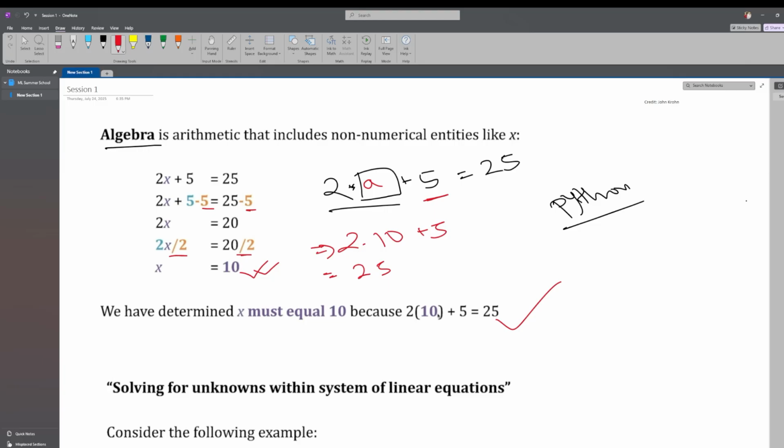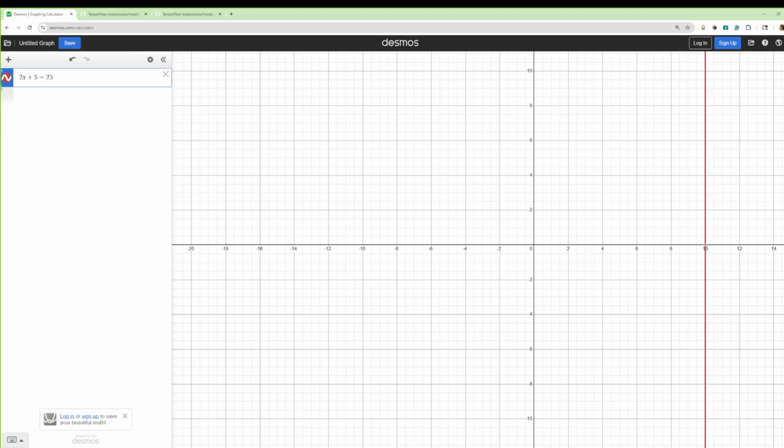So why is this a linear equation? The reason is this: if you plot it in something like Desmos, you can see that 2x plus 5 gives us this line.